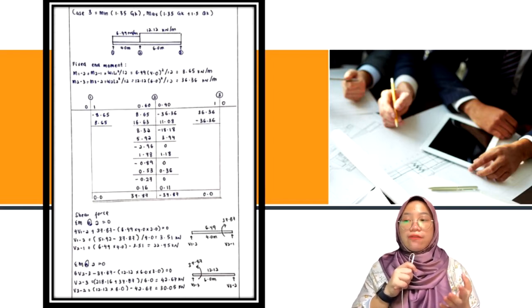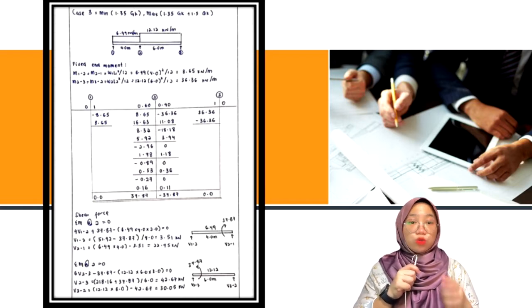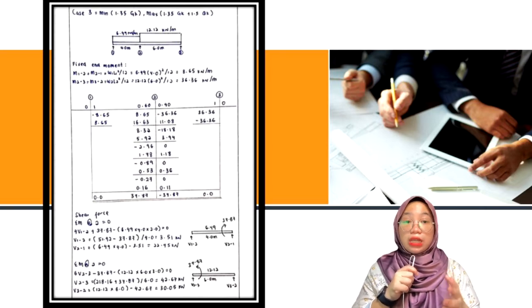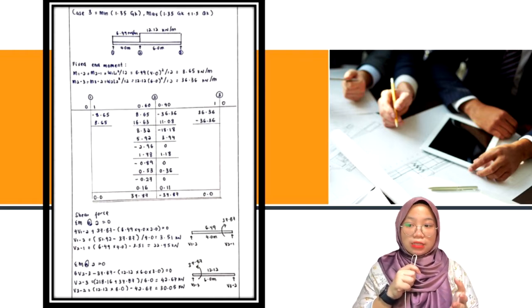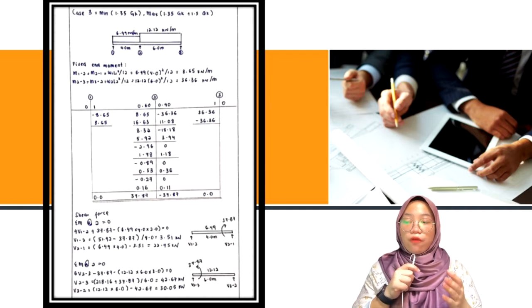Next, we calculate the fixed end moment. For moment 1 to 2 and moment 2 to 1 it is 8.65 kilonewton meter, while for moment 2 to 3 and moment 3 to 2 it is 36.36 kilonewton meter. For the moment distribution, based on the calculation result shown on the slide, we get the sum at factor 0.60 as 37.87 and at factor 0.40 as negative 37.87.